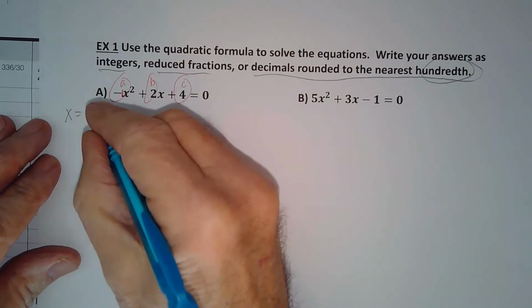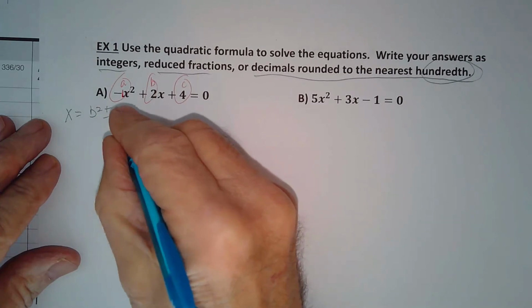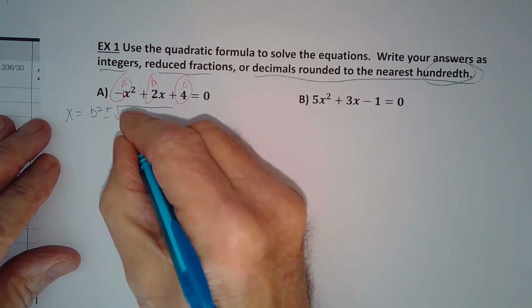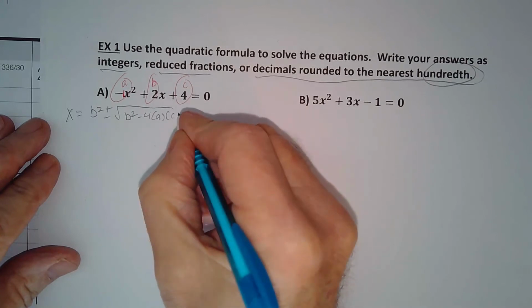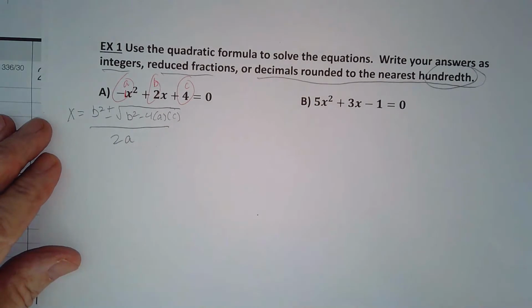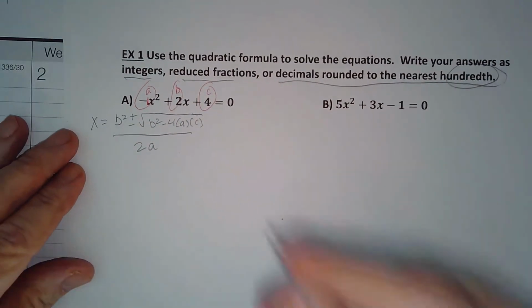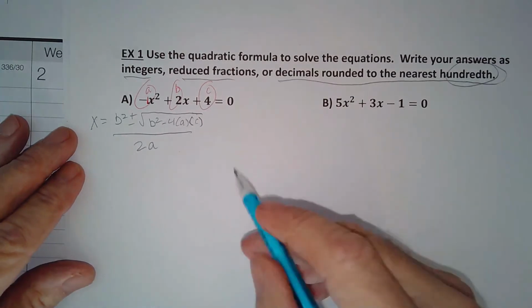X equals the opposite of b, plus or minus the square root of b squared minus 4 times a times c, all divided by 2a. Okay, so try to keep that as neat as I can.